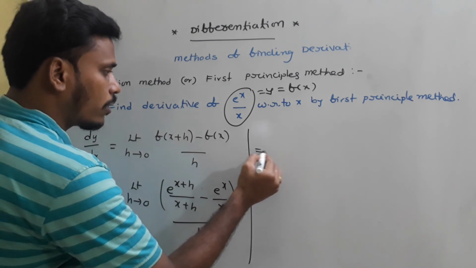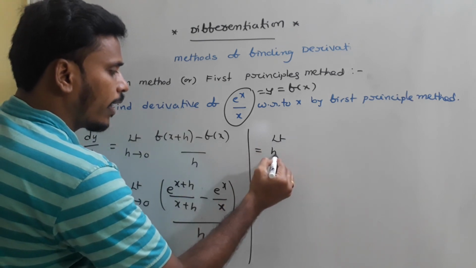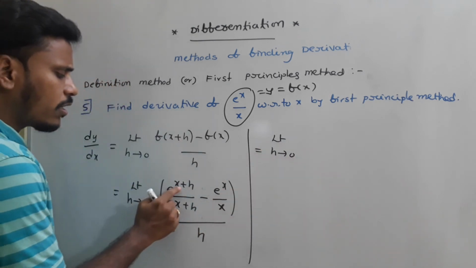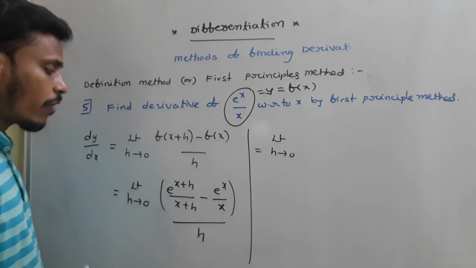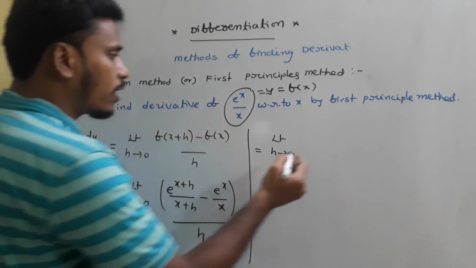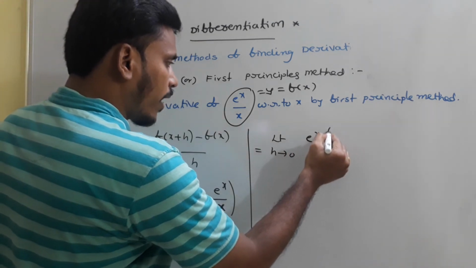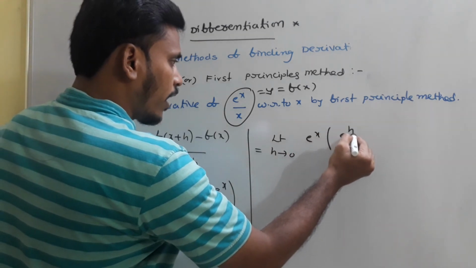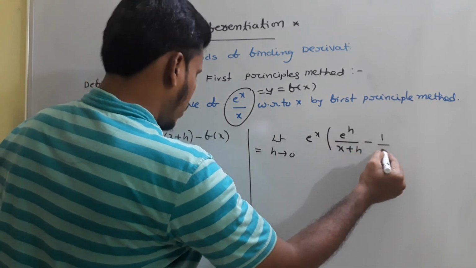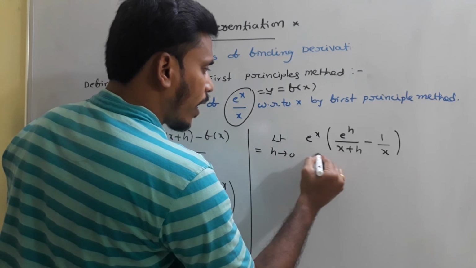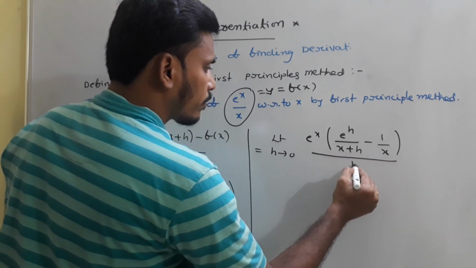So this is equal to limit h tends to 0. This is e power (x plus h); you may write it as e power x into e power h. I am just picking out that e power x. So e power x into (e power h divided by (x plus h) minus 1 by x) divided by h.